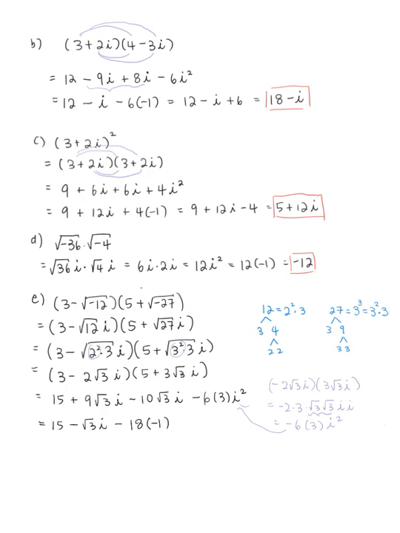By definition, that's negative 1. Okay, so what do we get? So looks like we're gonna have 15 minus square root of 3i, and then plus 18. And which becomes 15 plus 18, 33. 33 minus square root of 3i. And that's gonna be our answer.